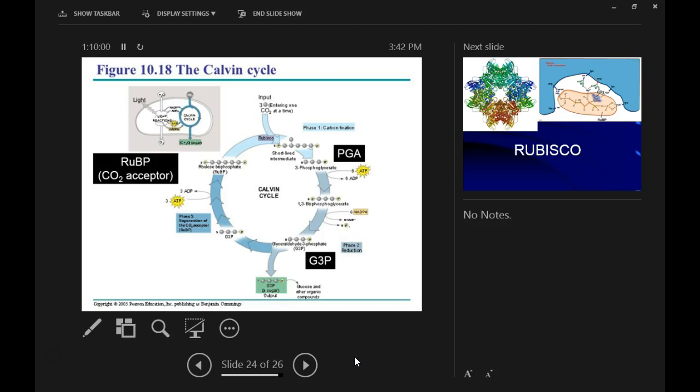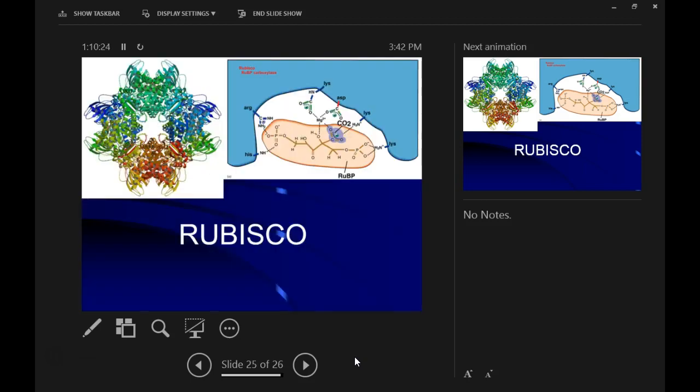Now, we have a really cool enzyme that goes and attaches carbon dioxide to this 5-carbon sugar. And it has a lovely name. It's called Rubisco. That's the enzyme. Of course, that is an acronym.